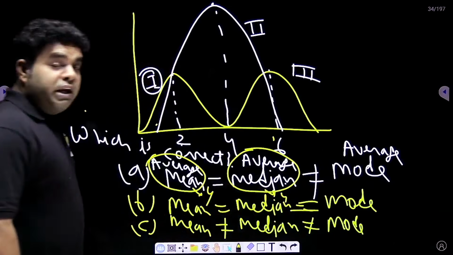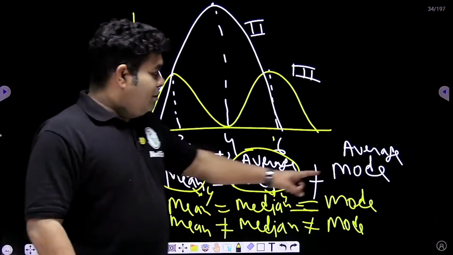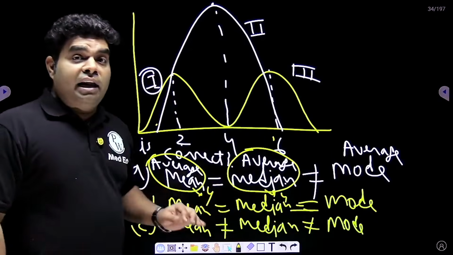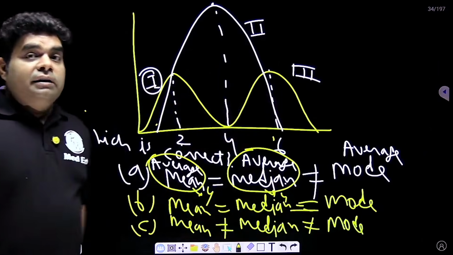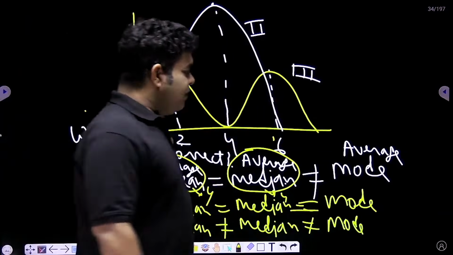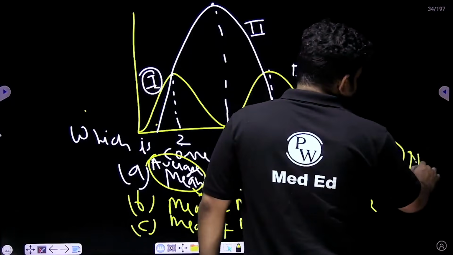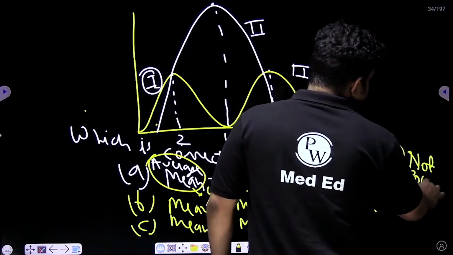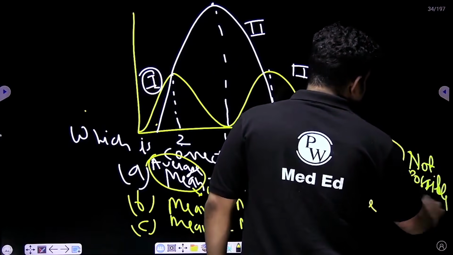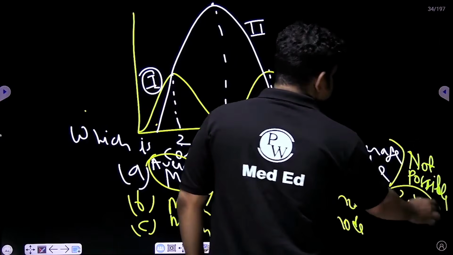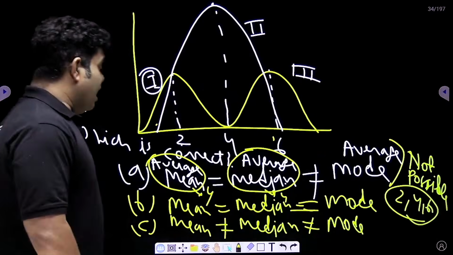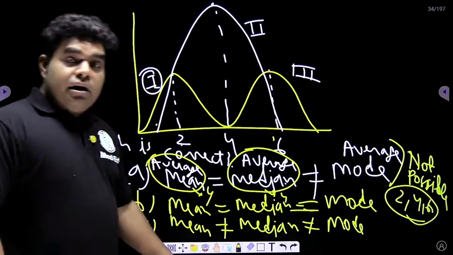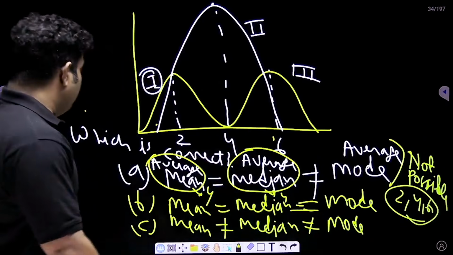But we cannot take average of mode. Mode average cannot be taken, and these are 3 different curves, so it's 2, 4, and 6. Average mode not possible. Actually it's 3 different modes for 3 different curves, 2, 4, 6. We cannot take average of mode. Therefore, average mean and average median will be equal, but they will not be equal to mode because average of mode cannot be taken.